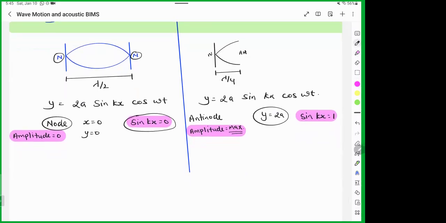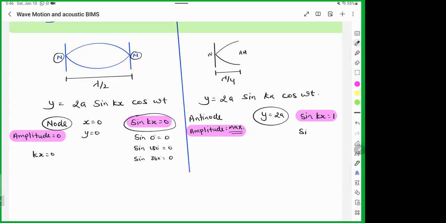Can we say if this is 0, sin 0 value is 0, sin 180 value is also 0, correct? Sin 360 value is also 0, like that. Make sense? So can we say this is the angle? Your kx value will be 0 here.